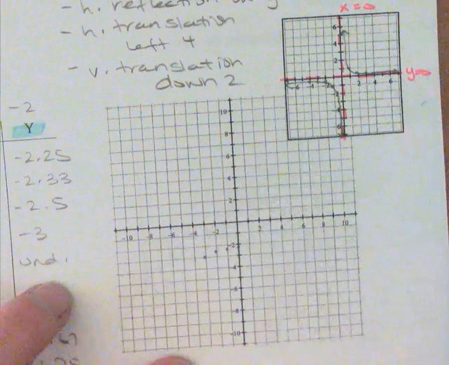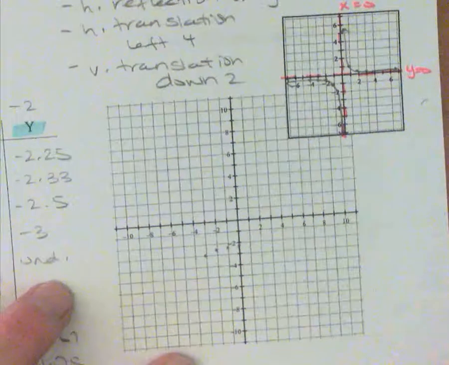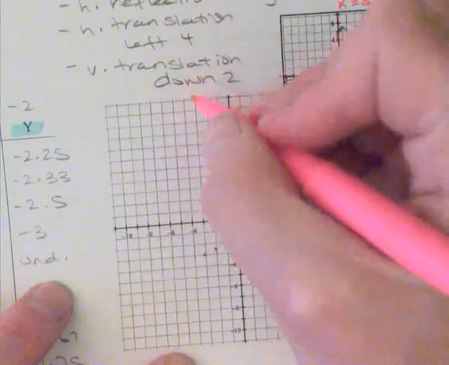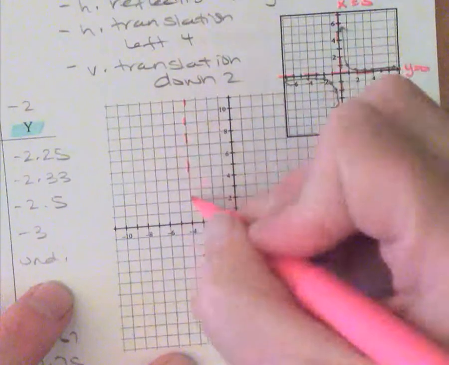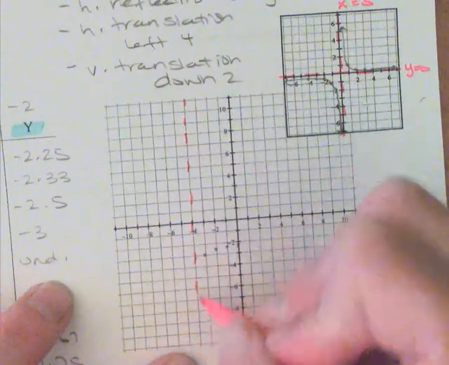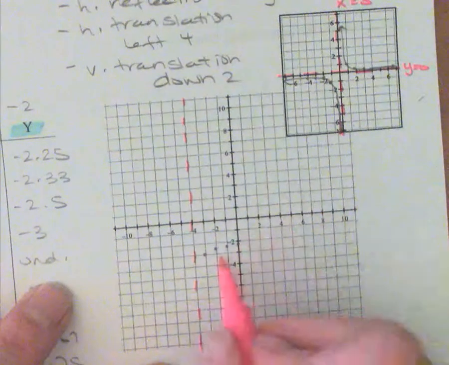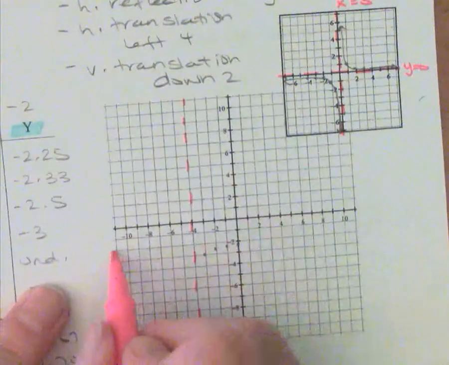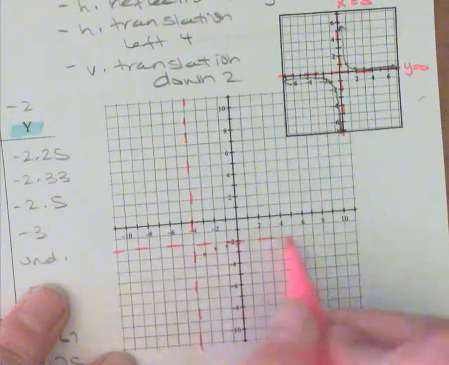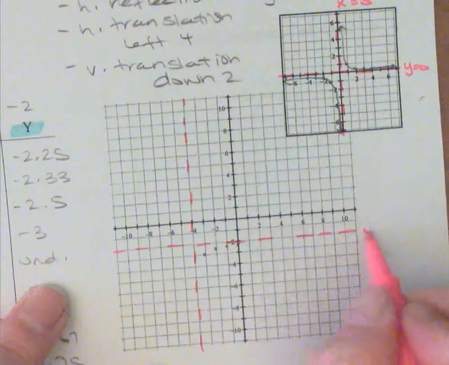So that means that at minus 4, there has to be an asymptote. And it also appears that we're going to get close to minus 2, which comes from there. So that's going to be our other asymptote.